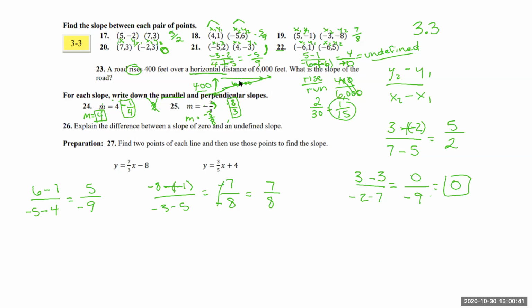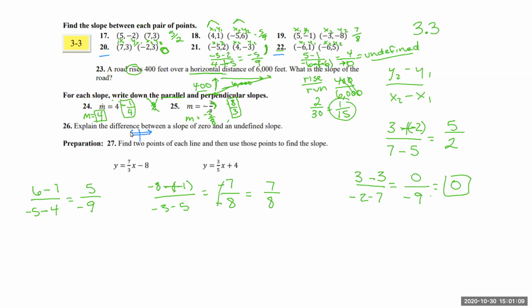Okay, so going on to the next section, we have explain the difference between a slope of 0 and an undefined slope. Let me go ahead and change this color so it's easier to see. We kind of had to deal with this in 20 and 22 up here. But the main difference is that a slope of 0 is a horizontal line.